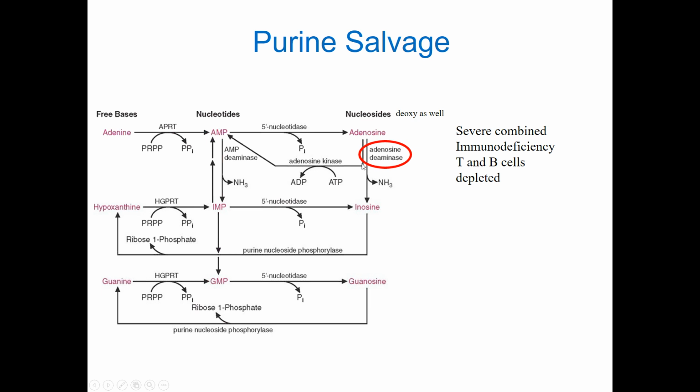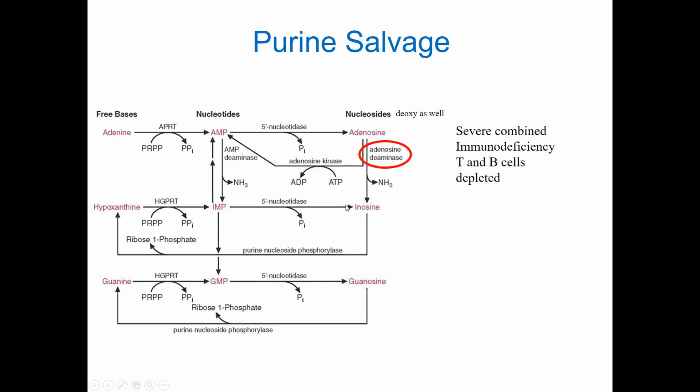If we lose the ability to convert adenosine into inosine, this one deamination reaction catalyzed by adenosine deaminase, this can lead to a disorder known as severe combined immunodeficiency, where a patient will have absolutely depleted levels of T and B cells. This can lead to death or a very, very heavily medically intrusive treatment simply because of the loss of the activity of one enzyme.